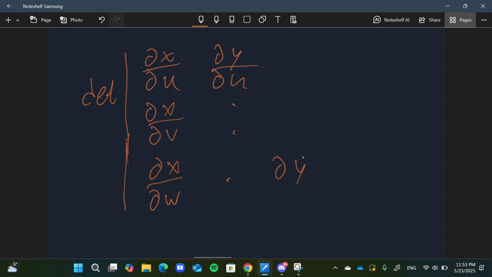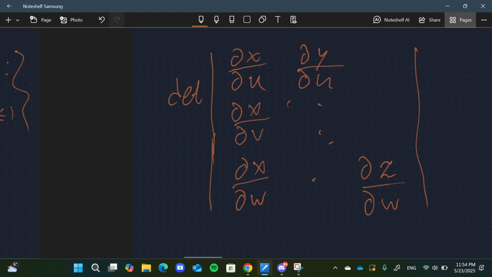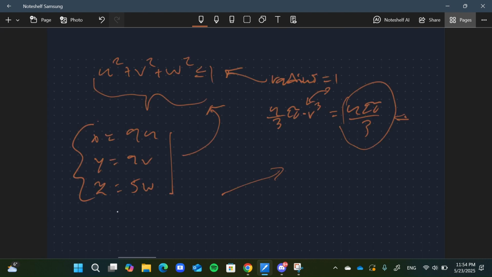It'll end at dz dw. But if we take a look at this transformation, we know that the partial derivatives will actually be 0 for the ones that are not matching, since each of our variables x, y, and z are simply bound to one of these transformed variables.